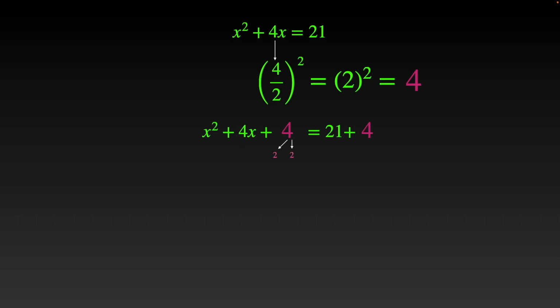For example, 2 times 2 gives us 4, and 2 plus 2 is also 4. So the left-hand side, we're going to factor the following way: x plus 2 times x plus 2.